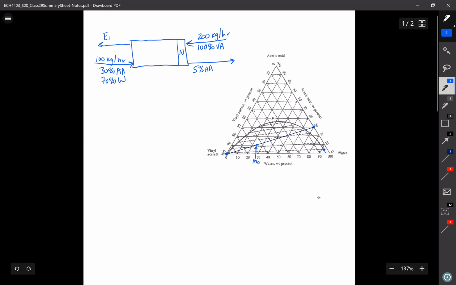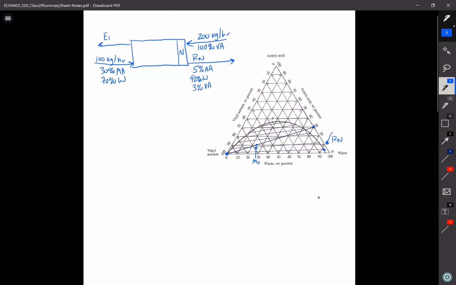So I have an unknown E1 flow rate, an unknown RN flow rate. And I had stopped short last time of solving for what the flow rates were. So just to remind you, this point, which is RN, has 5% acetic acid, but it also has 92% water and 3% vinyl acetate.